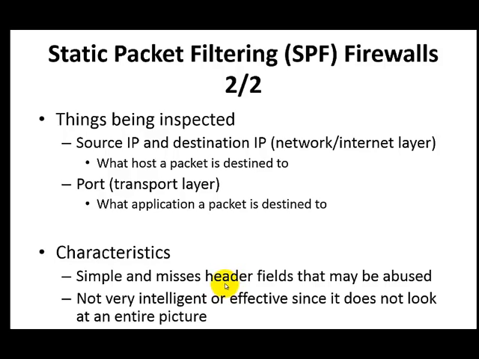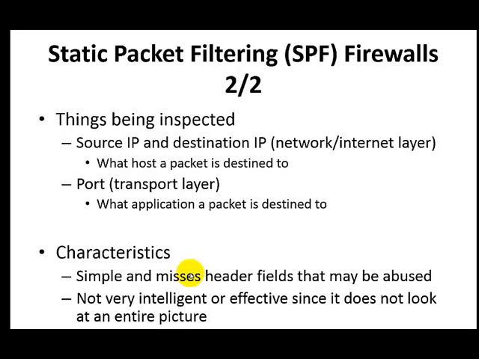And then, as we already discussed, since it's not really looking at the packets in association with the other packets, and it doesn't really have any memory, in that sense it's not really very intelligent, and you cannot really see the whole picture.